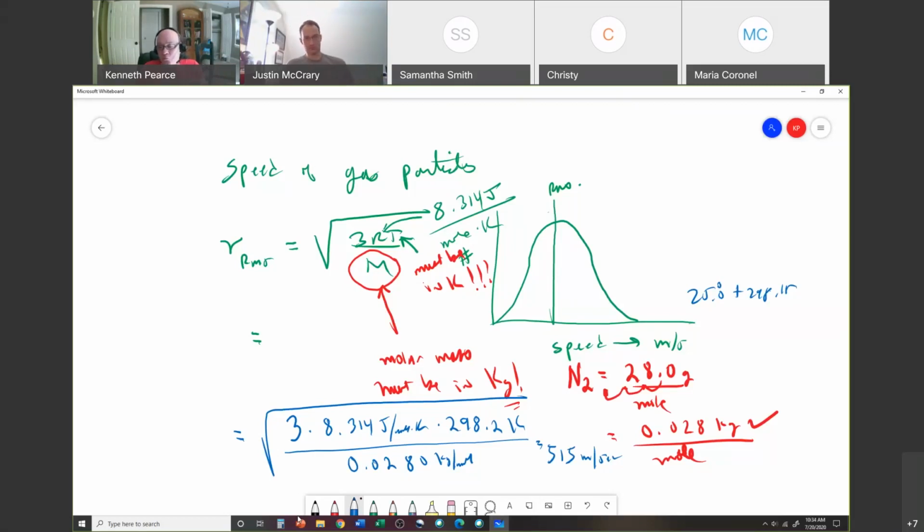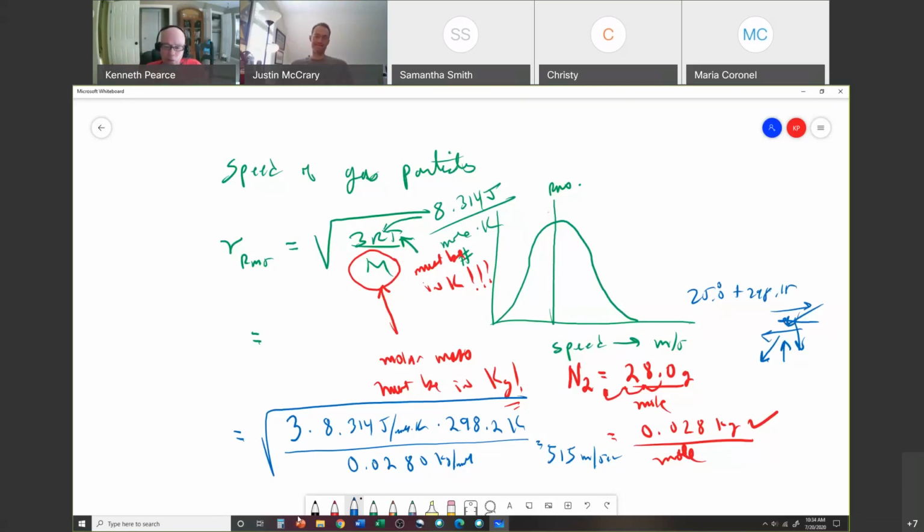Now, the reason you don't feel a breeze that's going that fast is because the gas particles are moving randomly. And they don't move far. They move just a tiny little bit before they run into something, another gas molecule. So they're constantly banging off each other.